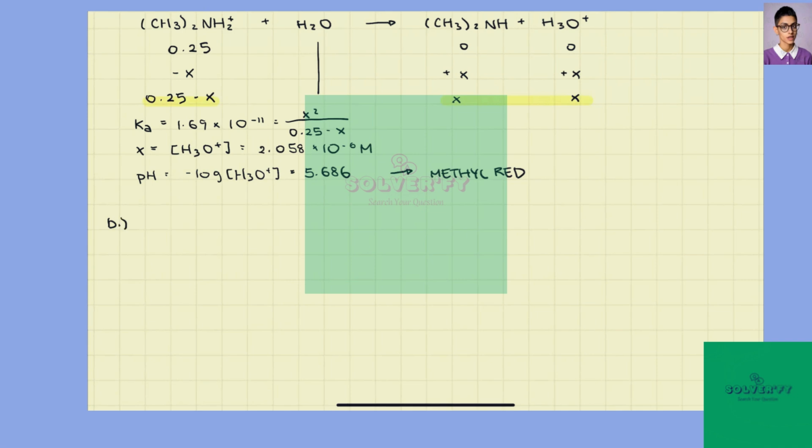Next, in part B, we are given 0.2 molar KOH and 0.2 molar HNO3. We know that KOH is a strong base and HNO3 is a strong acid.